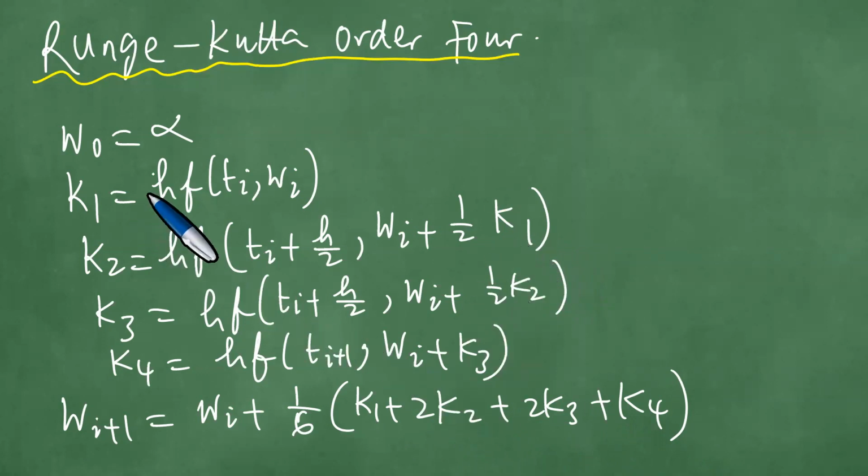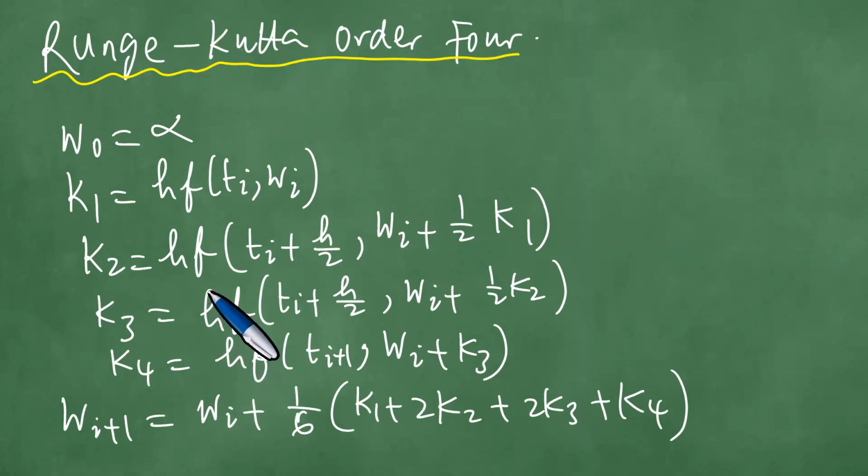So W0 equals alpha, K1 is hf like that, and K2 is exactly as given there. But what are we seeing here? The first component of the f, like in the K1 notation, then we can generalize this and also look at what happens in subsequent things.